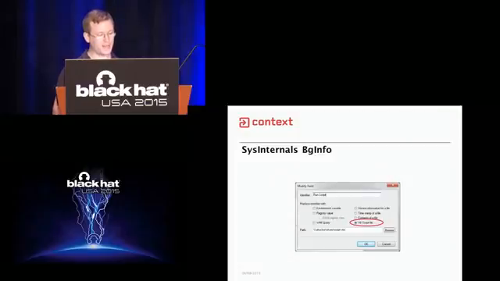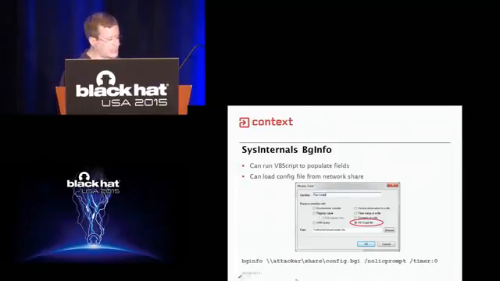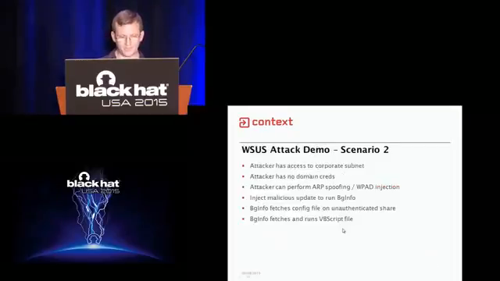So again, we can run arbitrary code via a Microsoft-signed binary. Also, we can load the config file from a network share. So this is the kind of thing we want to run: bginfo, specifying an unauthenticated share hosted on an attacker VM, and telling it to run this file and launch our VB script.